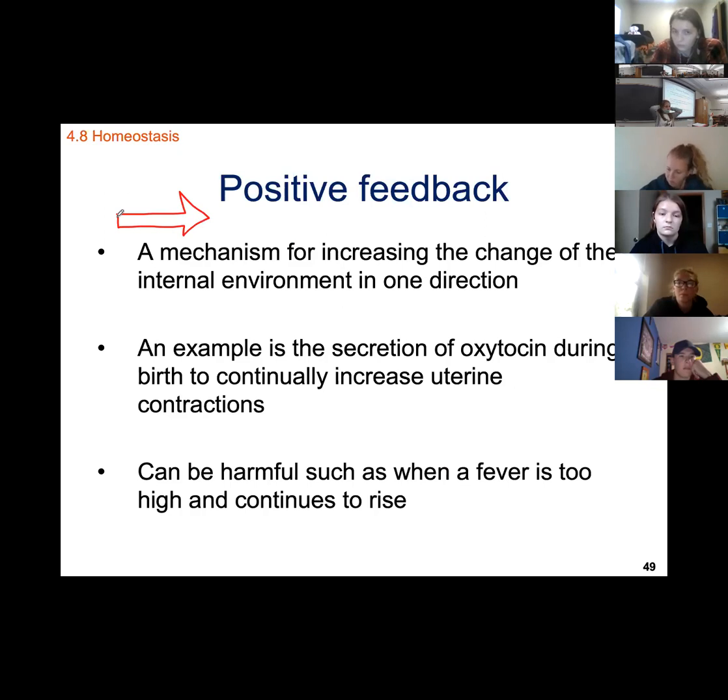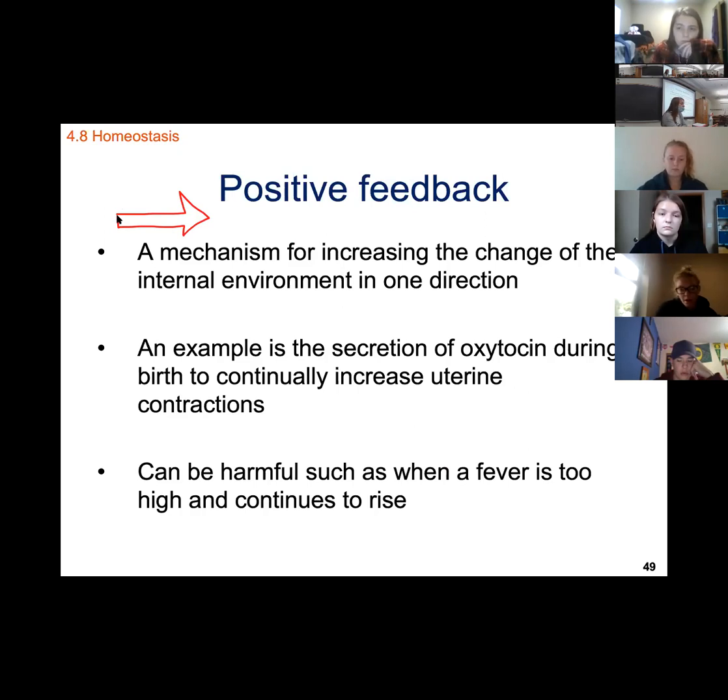An example of this would be secretion of oxytocin during birth to continually increase the uterine contractions. Okay? So this is like, we're just going full send. We're going to send all of these oxytocin to that area for the birth so that we can birth this child. It's not like, oh, is that enough? Nope. Okay. How about this? It's just like all the way full send of that.